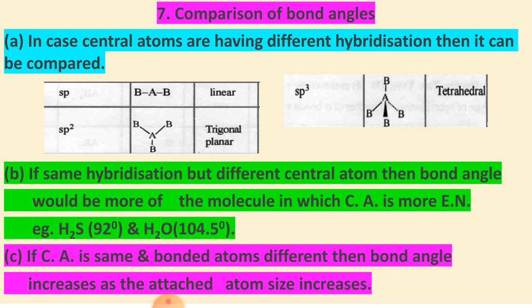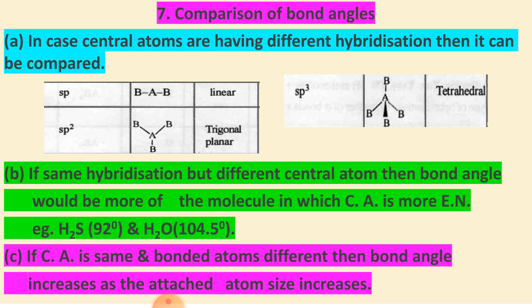The size of Cl is more than fluorine, so the bond angle of BCl3 is more than BF3. One more thing to note: the more the electronegativity of the surrounding atom, the less will be the bond angle of that molecule.